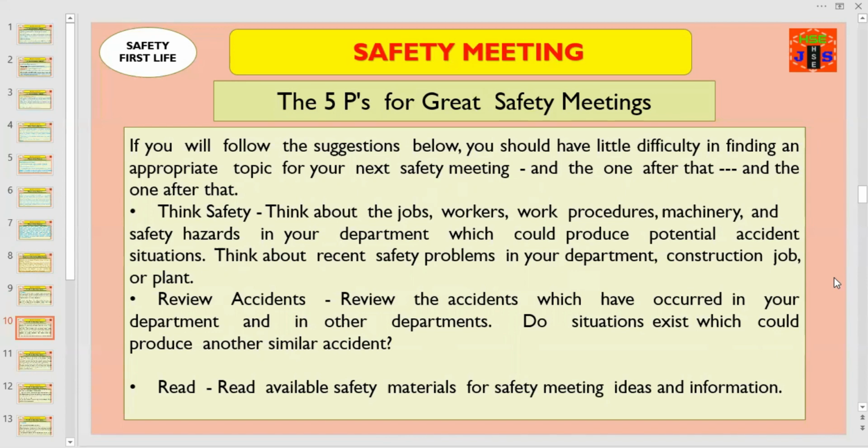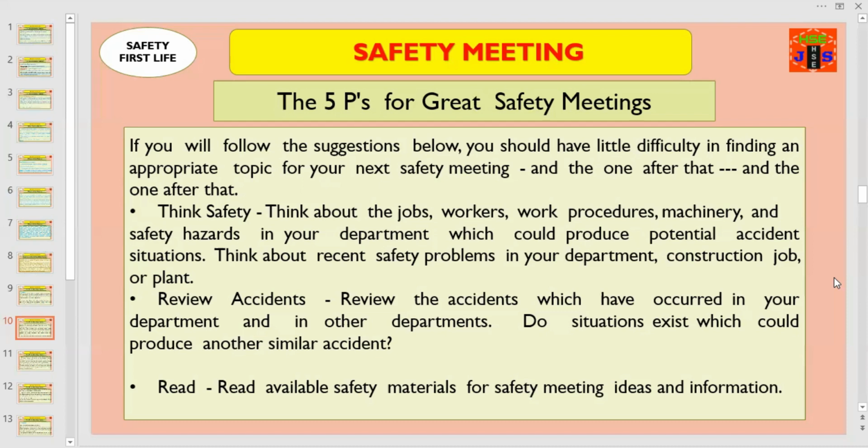Think about the jobs, workers, work procedures, machinery, and safety hazards in your department, in your workplace, in your project, which could produce potential accident situations. Think about recent safety problems in your department, at your work site, construction job, or plant.